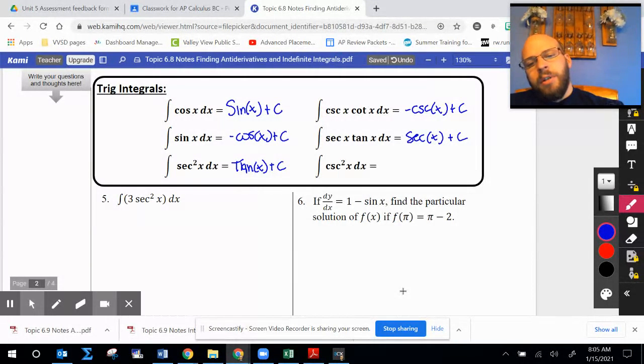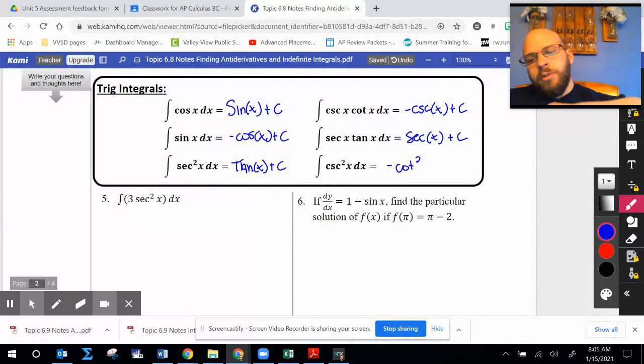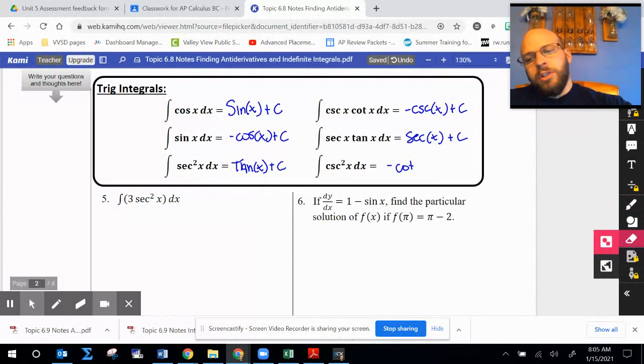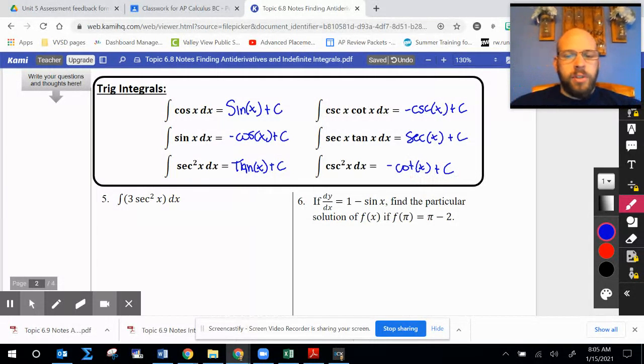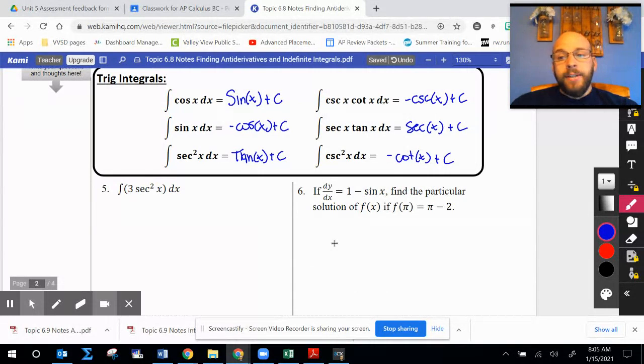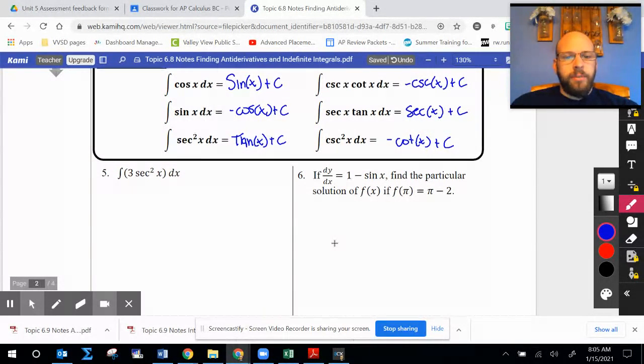Secant cotangent... Oops. I almost put cotangent squared. There we go. Negative cotangent. All right. So those are the derivatives, or antiderivatives, that you need to know. So let's see if we can practice with them.